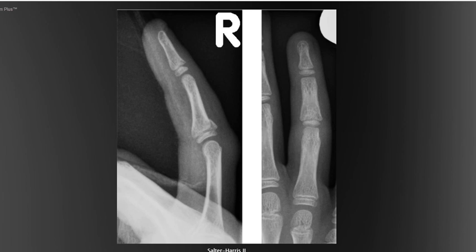So depending on the involvement of the metaphysis and the epiphysis adjacent to the injury, we classify these injuries in the Salter-Harris classification scale. This one, for example, is the Salter-Harris type 2, and it's a fracture extending through the physeal growth plate and the adjacent metaphysis.